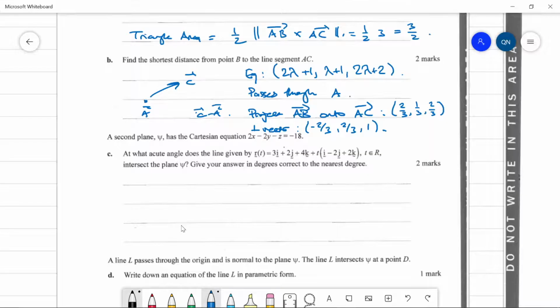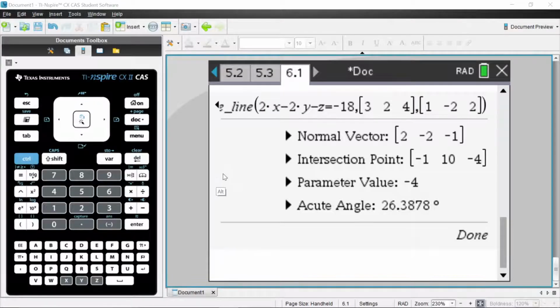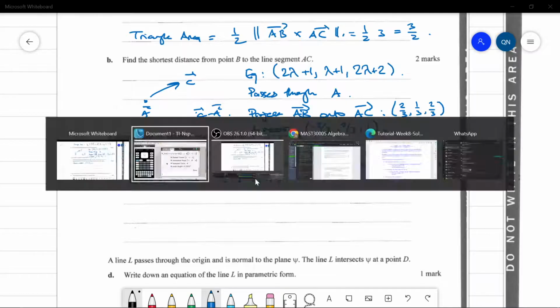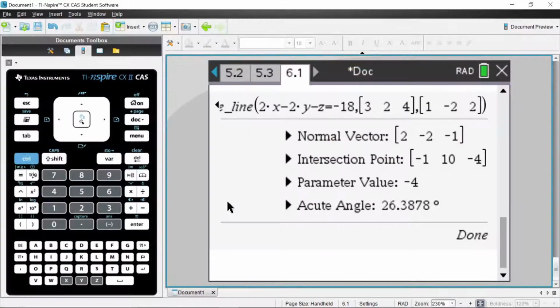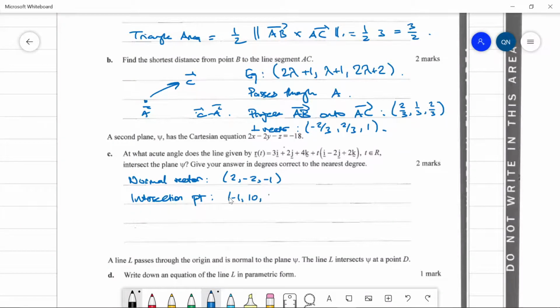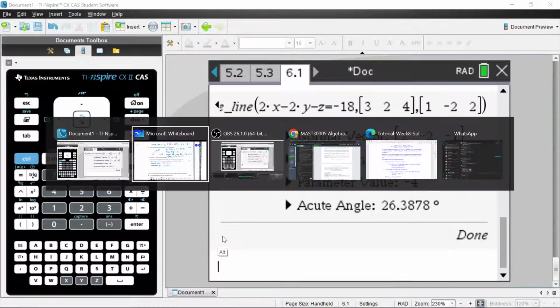So the normal vector, you can do it this way. The normal vector is going to be 2, negative 2, negative 1. The intersection point is just going to be negative 1, 10, 4. So you can just copy down the working out.